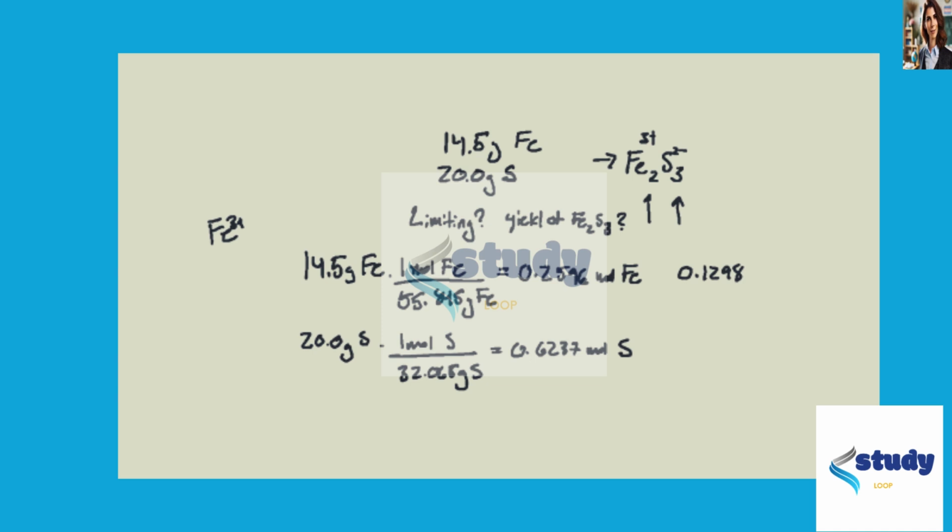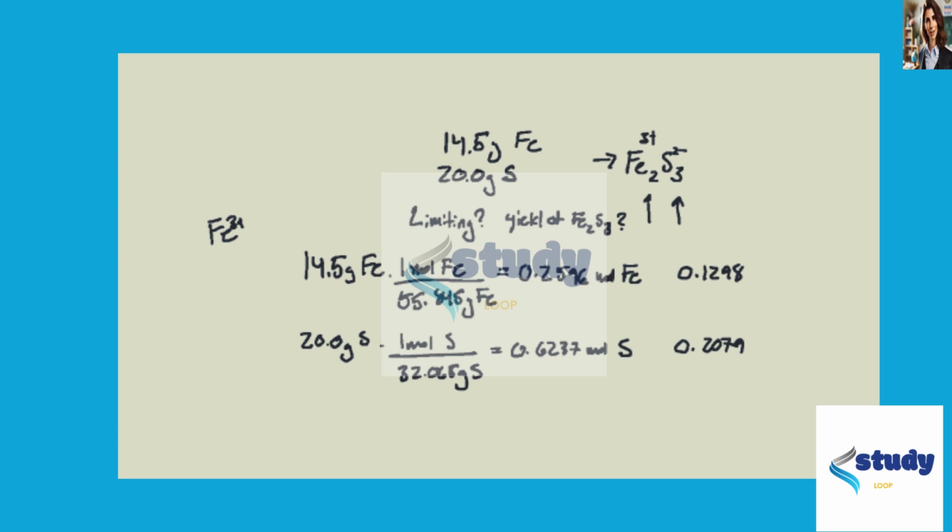So this is like saying we have enough iron to make 0.1298 moles of iron sulfide, right? Because we need 2 moles of iron for every mole of iron sulfide we create. And we have enough sulfur to make 0.6237 divided by 3, 0.2079 moles of iron sulfide, right?